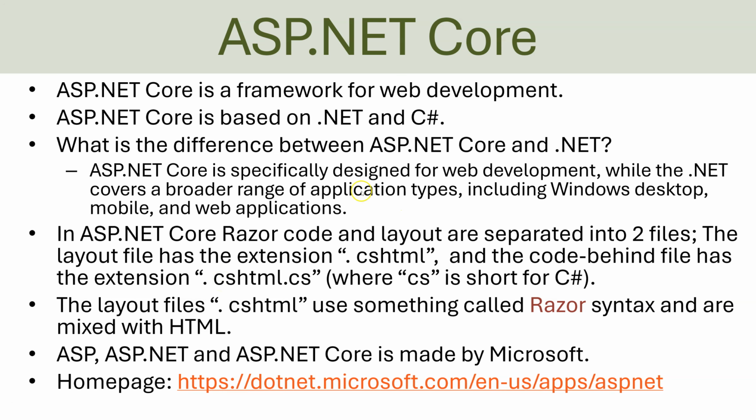This layout file, this .cshtml file, is basically just called the Razor page, and it's using something called Razor syntax, and basically Razor syntax is more or less C# code that is mixed within the HTML code in this Razor page.